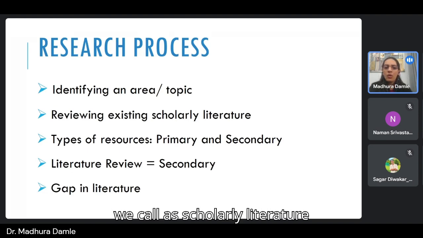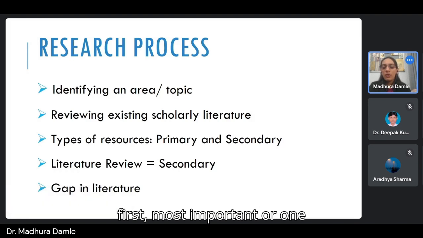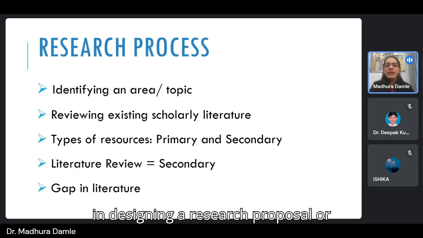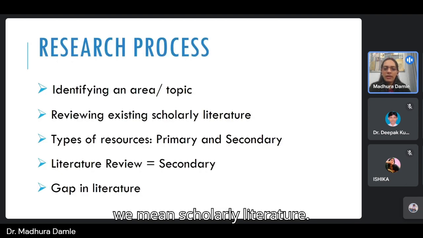This is something we call scholarly literature. I'm repeating that one of the most important steps in designing or writing a research proposal is reviewing literature, or literature review. By literature, we mean scholarly literature.